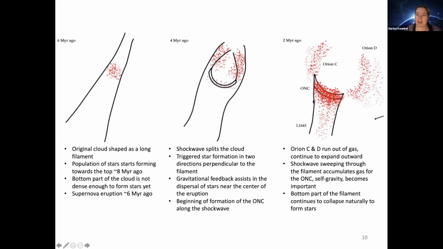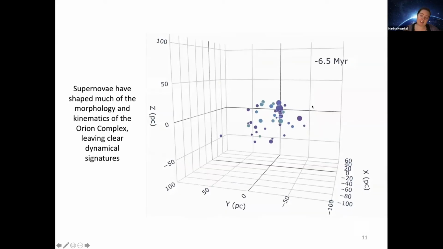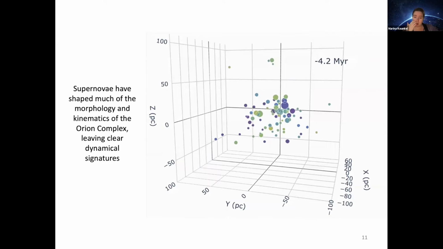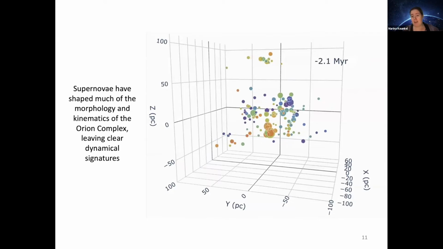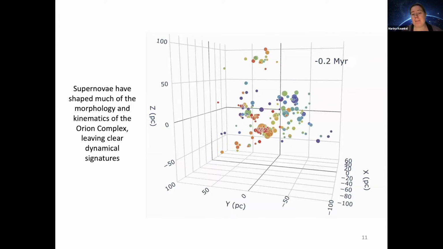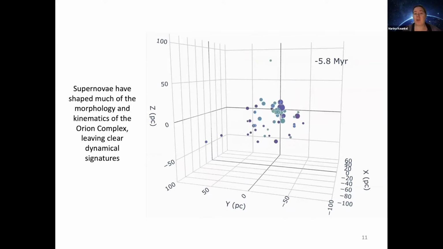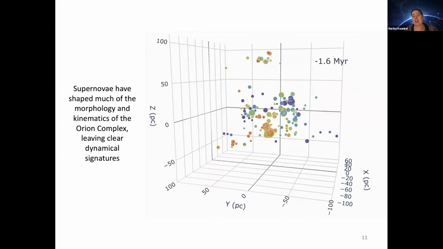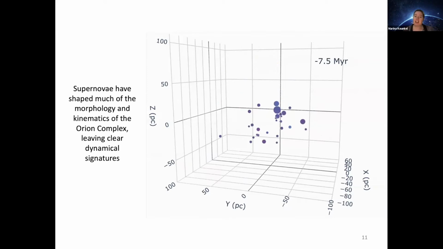And indeed, this is the actual data that we have for the dynamical positions of all of the different stars in the Orion complex. They have been grouped together into kinematically coherent populations.